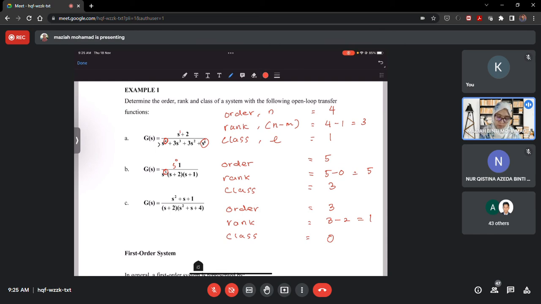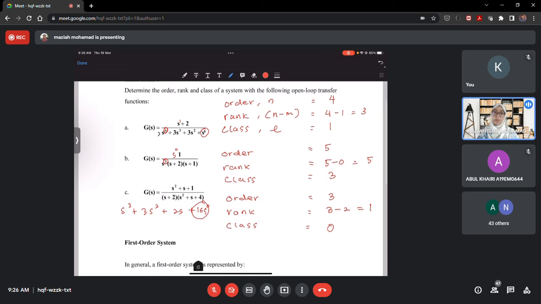Okay, because you're going to get s cubed plus 3s squared plus ... s squared plus 8s plus 16. Okay, so at the last term it is s to the power of 0. Okay, so the class is 0.